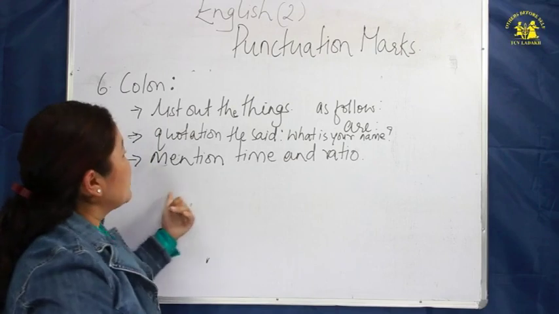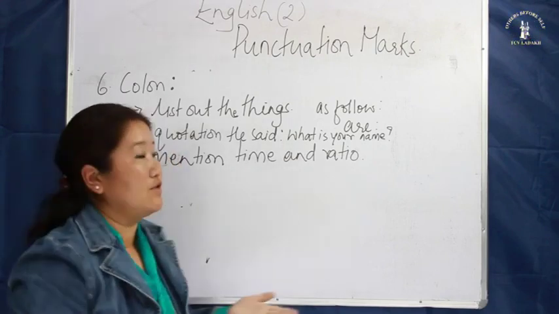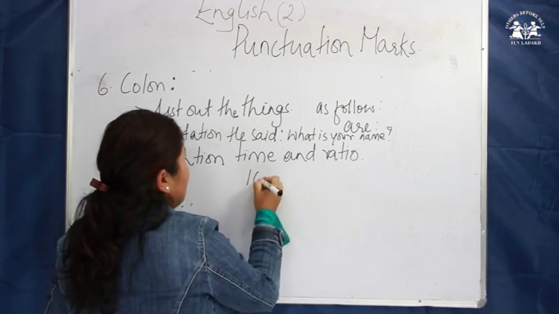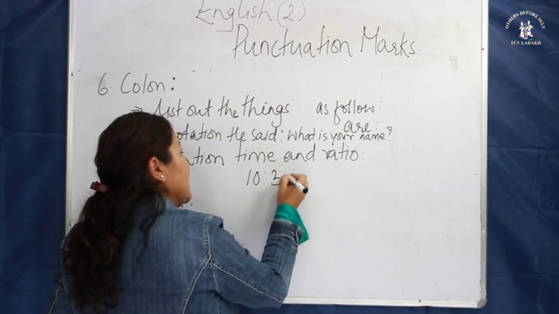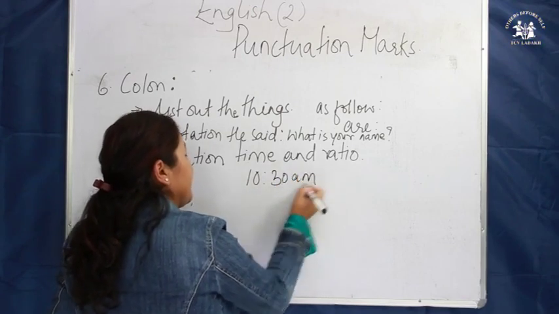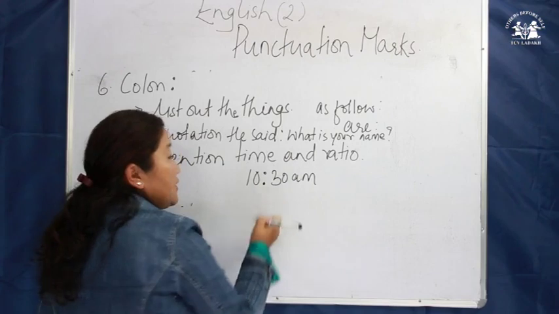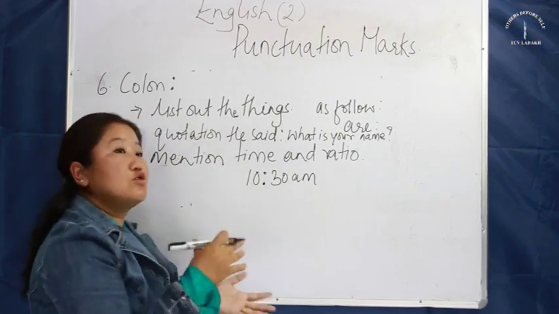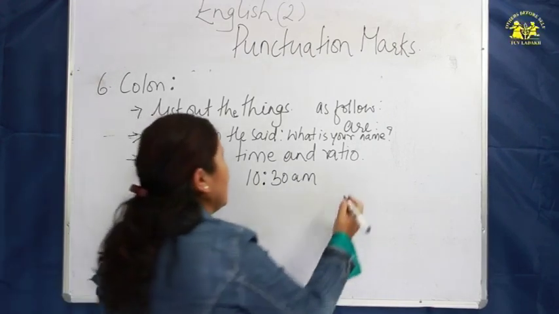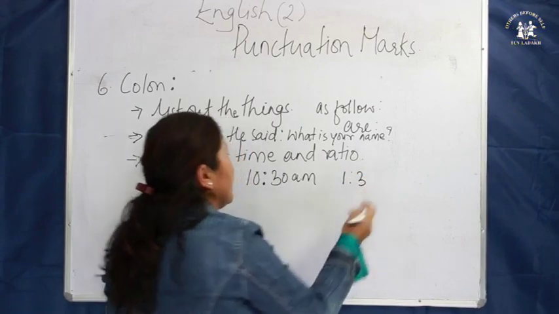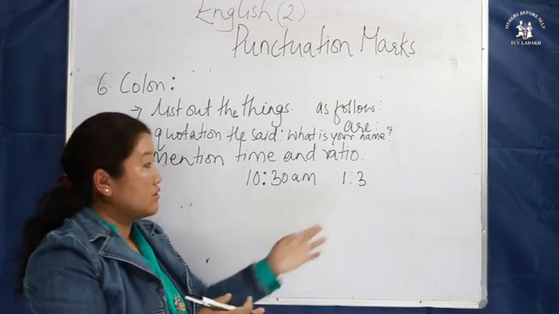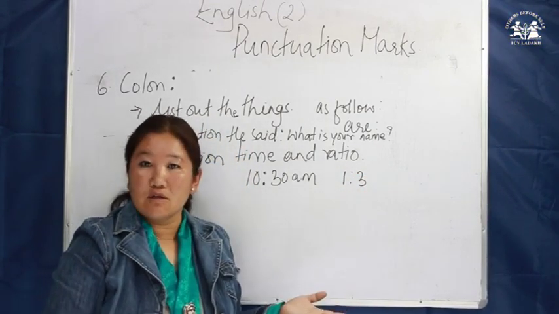And to mention time and ratio, if you want to say it is 10:30 a.m. now, you have this colon, and to show a ratio like 1:3, we also use a colon.